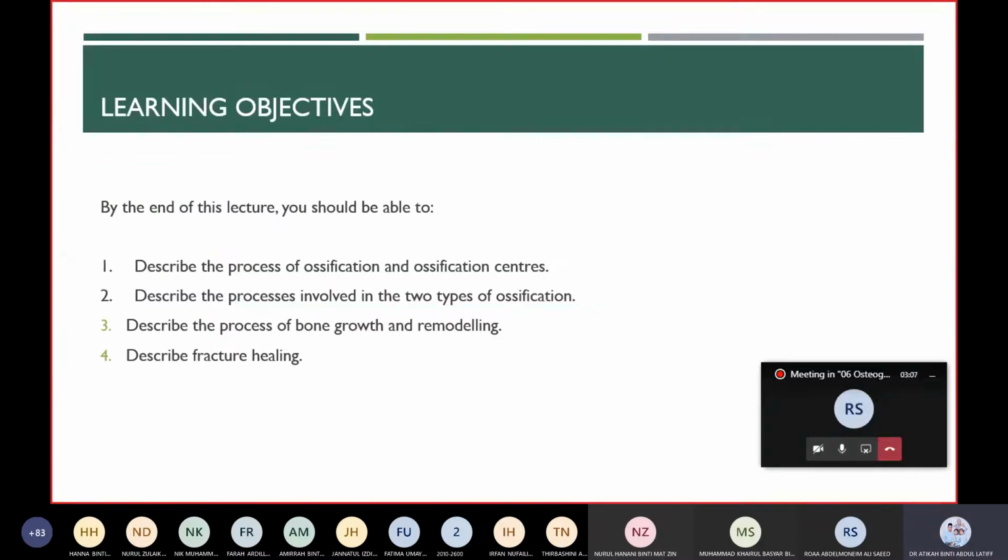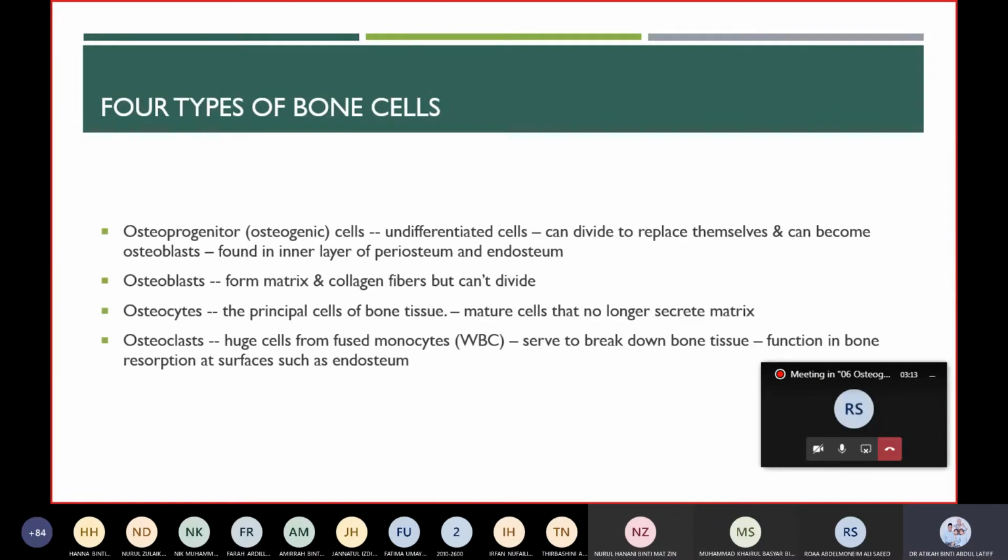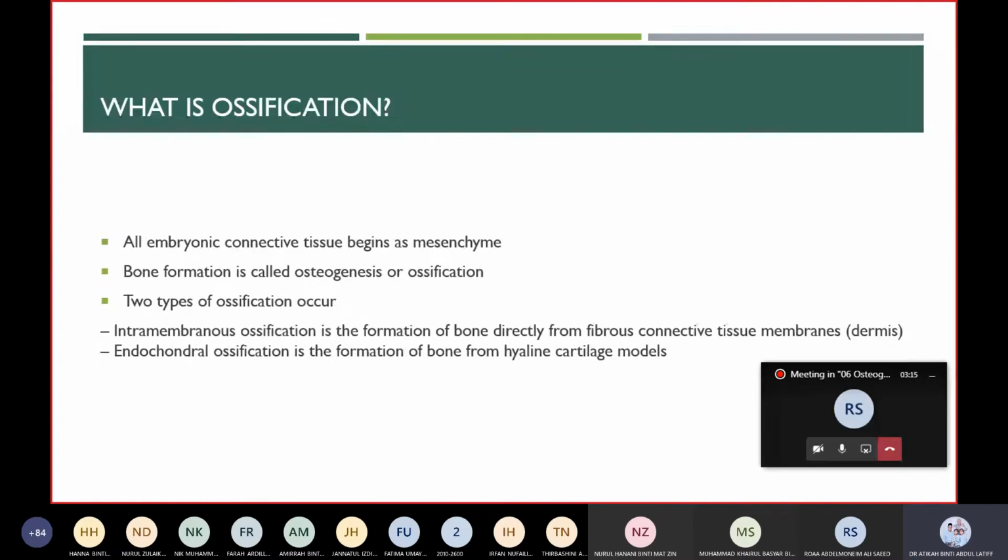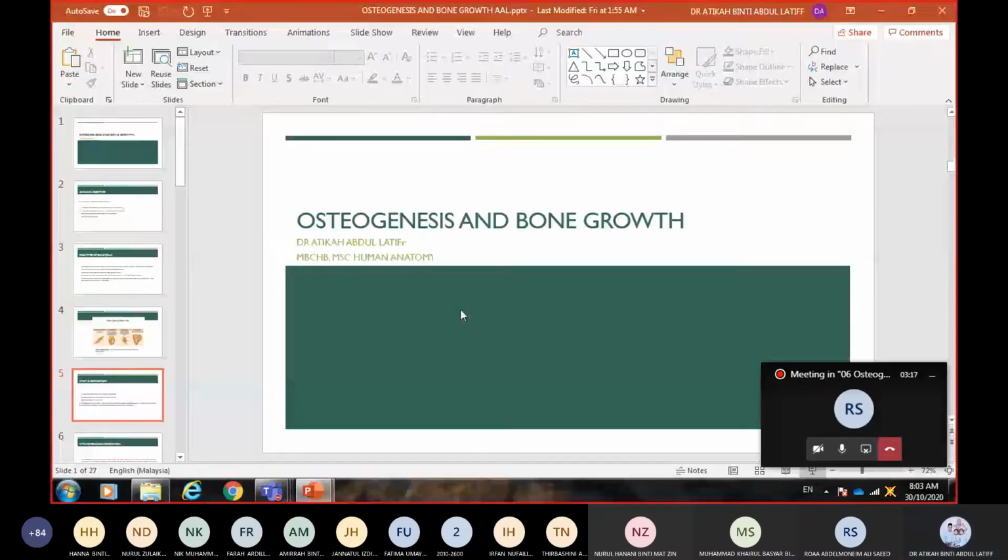Okay, so by the end of this lecture, you should be able to describe the process of ossification and ossification centers. Oops. What's happening?